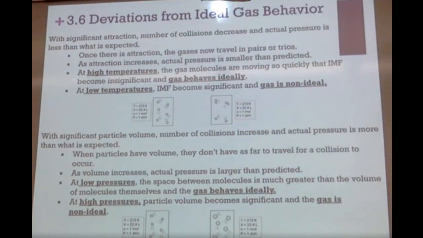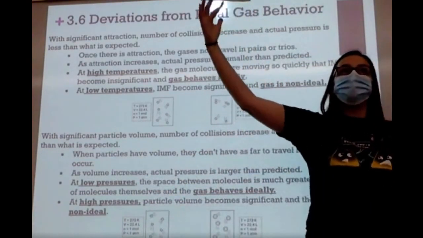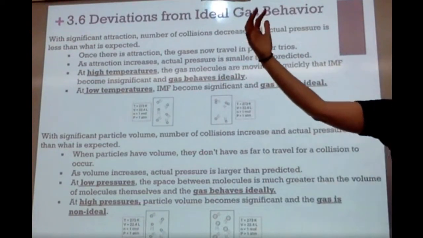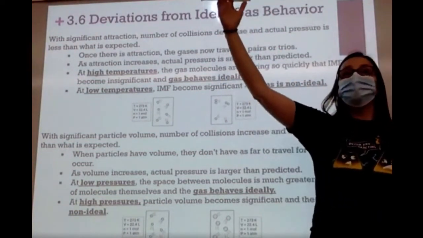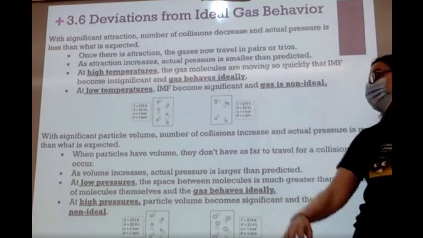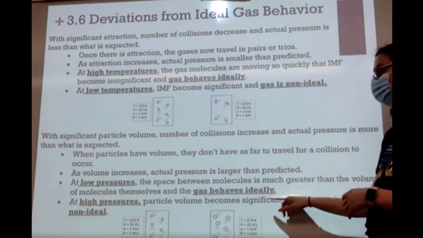At low pressures, that actually means that the container's volume is larger. So at low pressures, when the container volume is larger, the space between the molecules is greater, and so the gas will behave ideally.